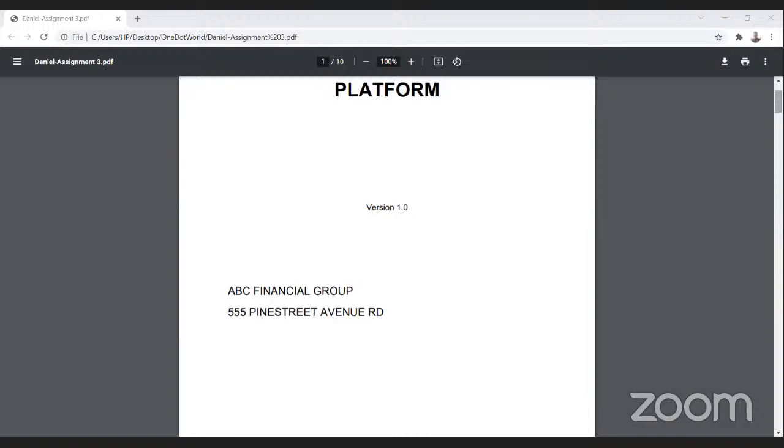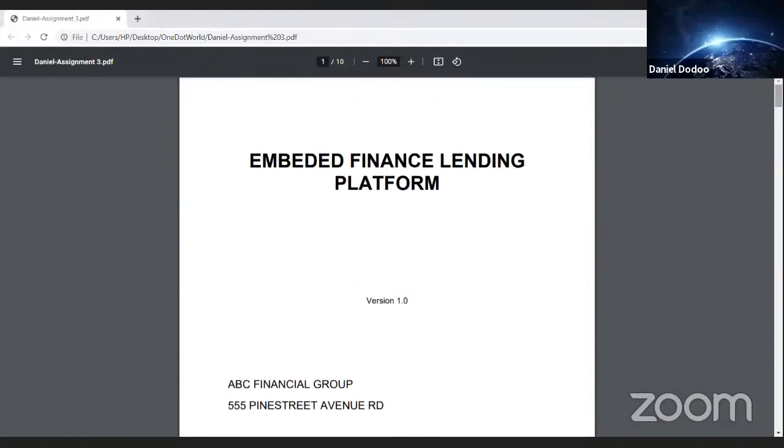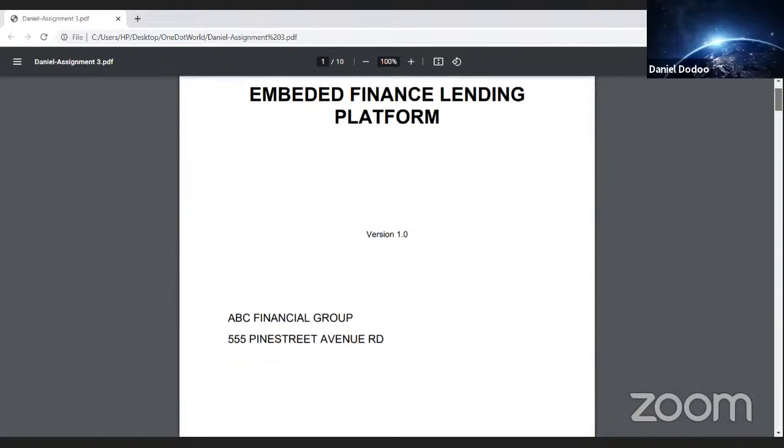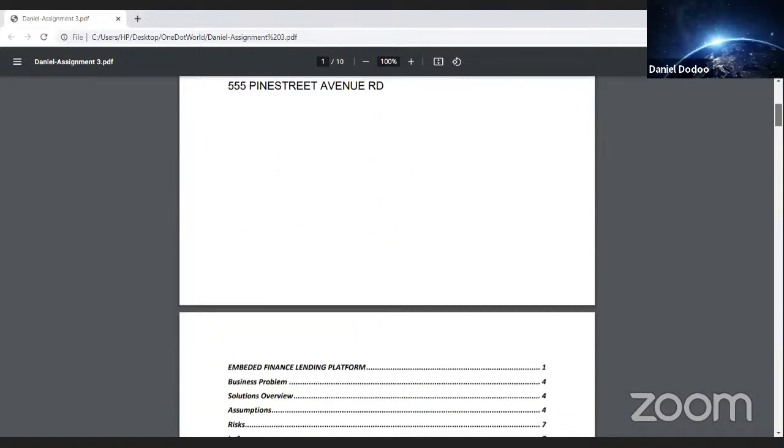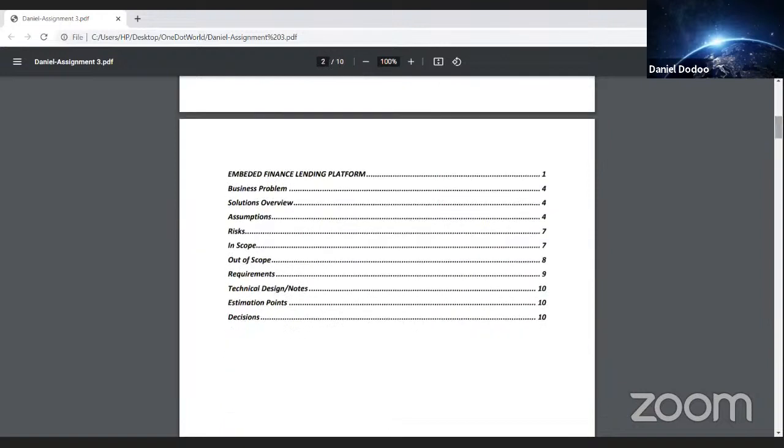Good morning, everyone. I'm going to present on the Embedded Finance Learning Platform BRD document for ABC Financial Group, located at 555 Pine Street Avenue. Here's my table of contents, the breakdown of what I'm going to present on.